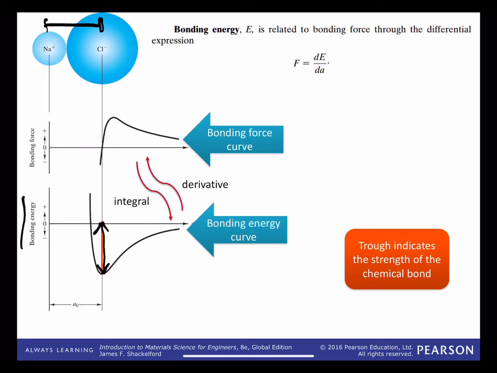If we wanted to break the bond, we would know how much energy to apply to break the bond and send ions as far away from one another as possible. So that represents the y distance on this binding energy graph, moving from the bottommost well to the x-axis. So the trough indicates the strength of the chemical bond in this ionic bond.